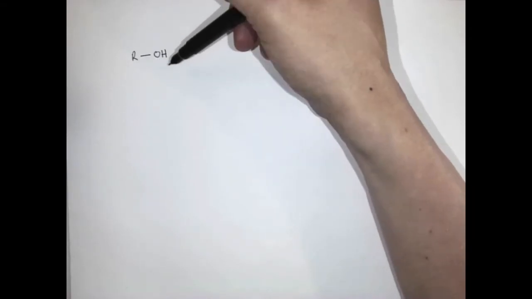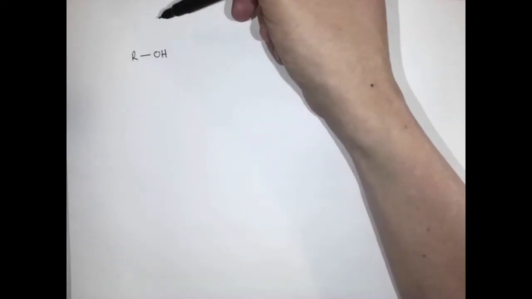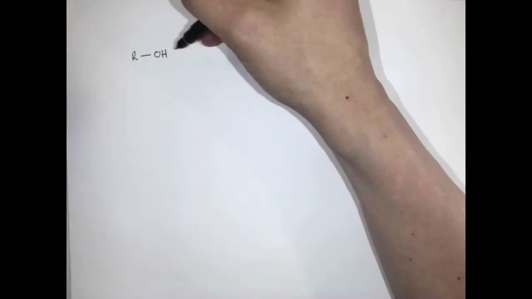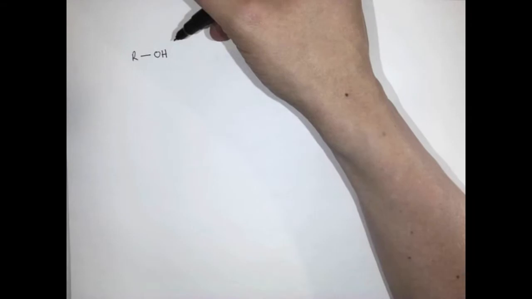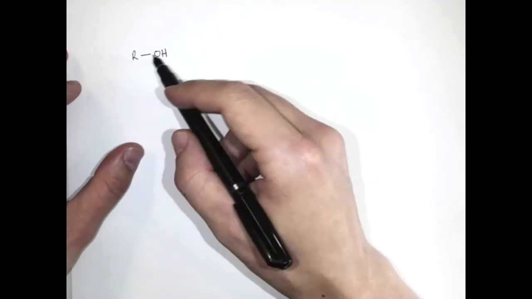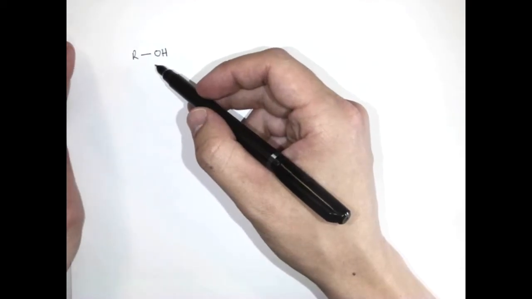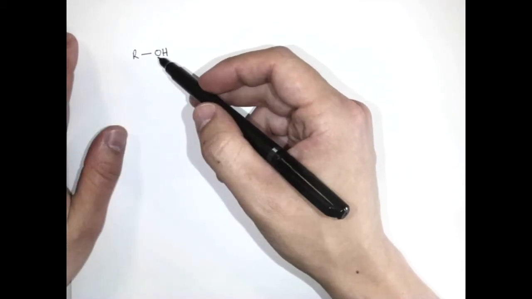So having that hydroxyl group there confers some chemical properties to it, some extra behavior that the alcohol is willing to partake in. So there's the generic functional group, the hydroxyl group for alcohols.